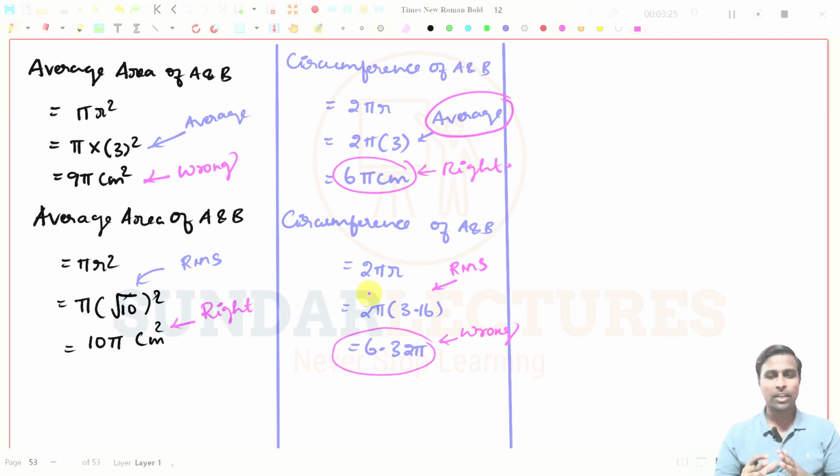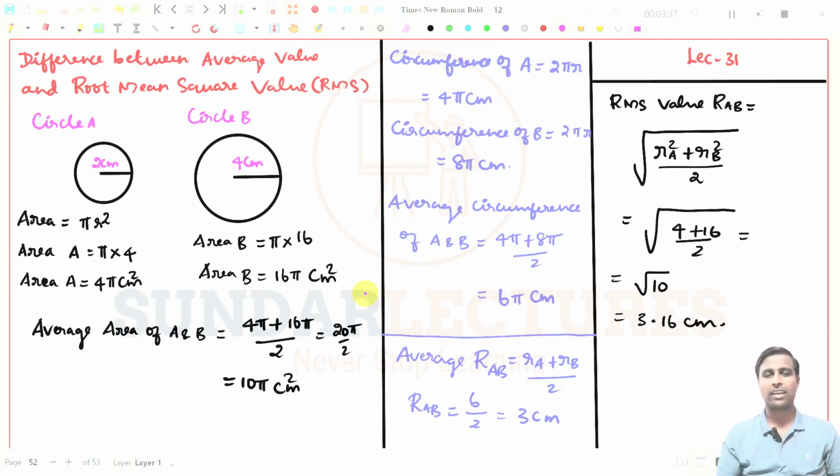If the parameter you are having is centimeter and the parameter you need to find is also centimeter, as we have seen for two different circles, then you need to take the average. Try to discriminate between average and root mean square value.